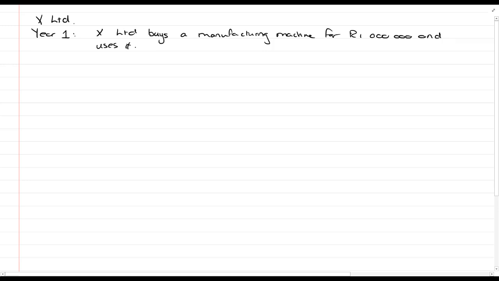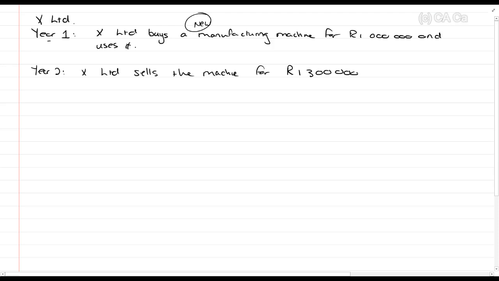This is obviously just a little bit of shorthand. In year two, X Limited sells the machine for 1.3 million rands. So in year one, X Limited buys this new manufacturing machine for 1 million rands and starts using it. In year two, X Limited sells this machine for 1.3 million rands.